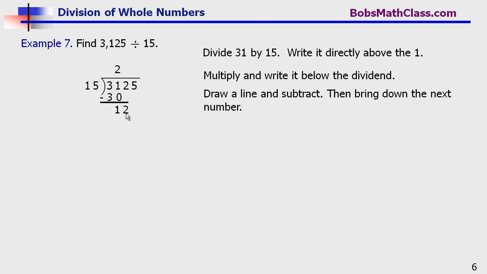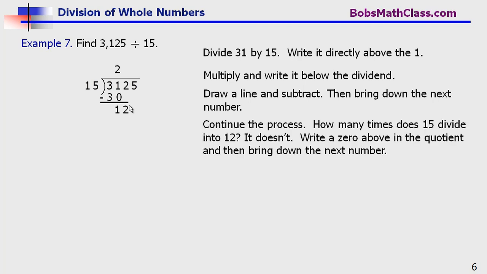Does 15 go into 12? It doesn't. So what we're going to do is write a 0 above in the quotient, and then bring down the next number. So a 0 up there above the 2, and then we can bring down the next number. Sometimes people forget that part of putting a 0 there. Bring down a 5. Now we're dividing 15 into 125.